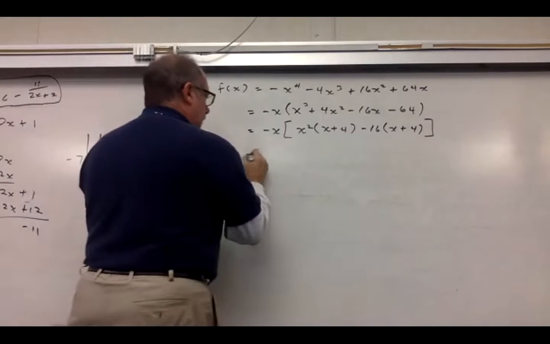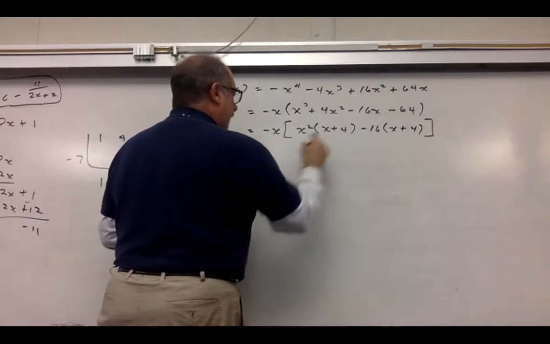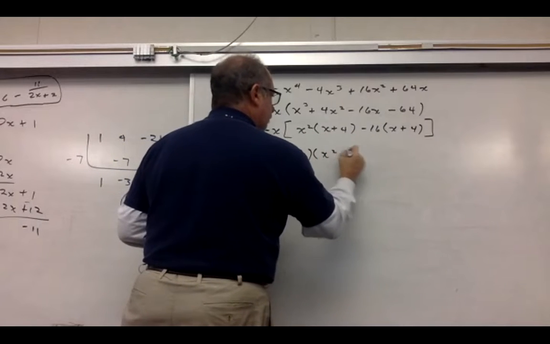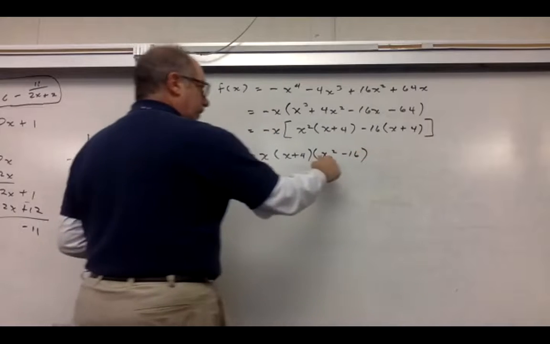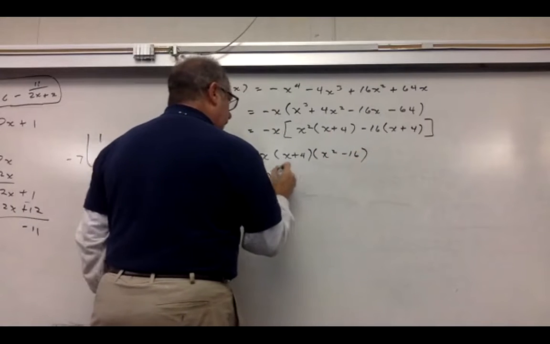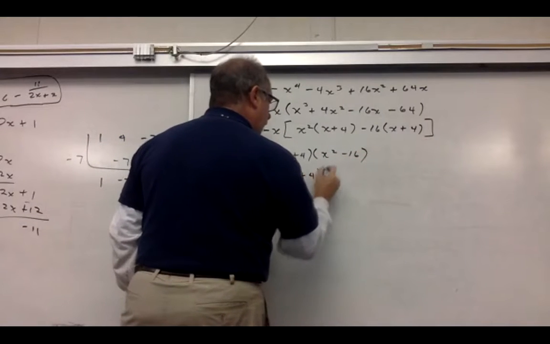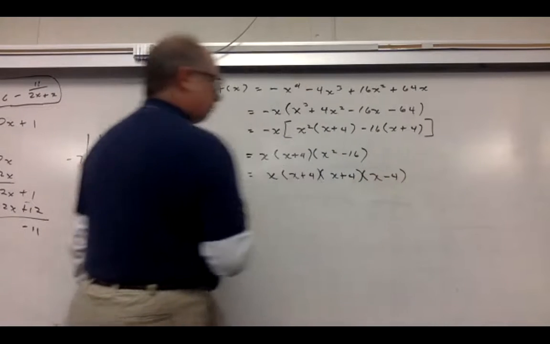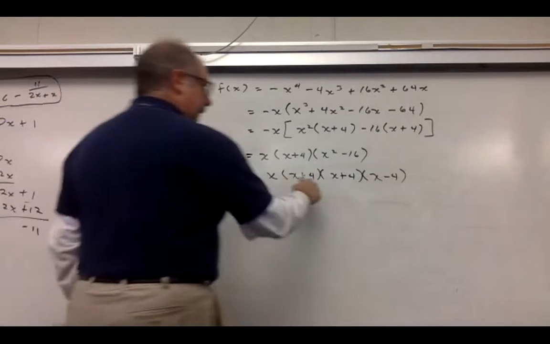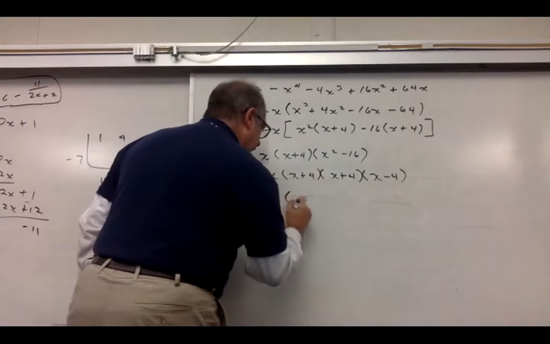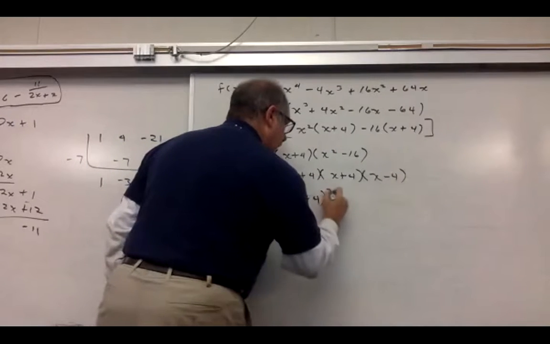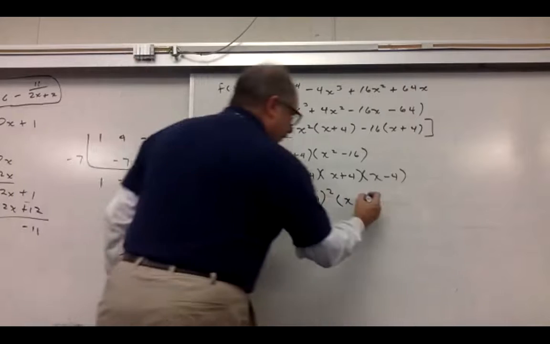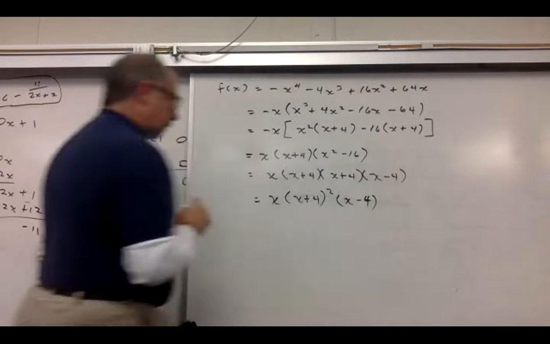Then I can factor out an x plus 4, and that leaves me with x squared minus 16, which is the difference of 2 perfect squares. So I can get x times x plus 4 times x plus 4 and x minus 4. And then I can combine those to get x times x plus 4 quantity squared times the quantity x minus 4. And that is the function in factored form.